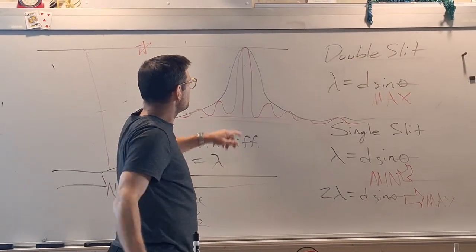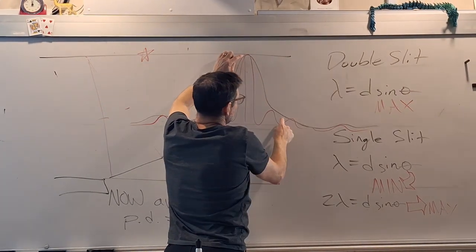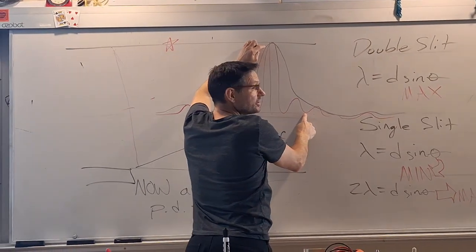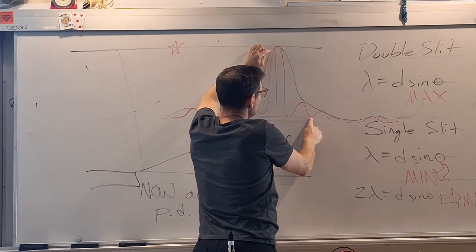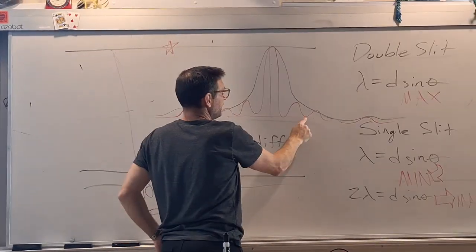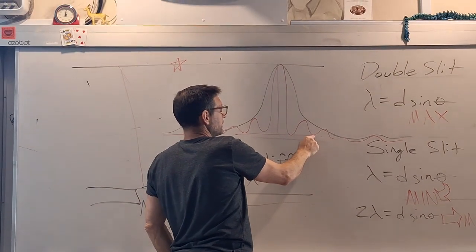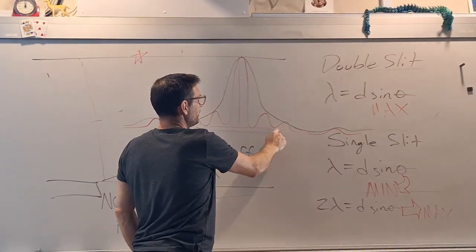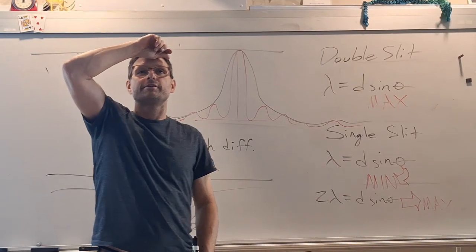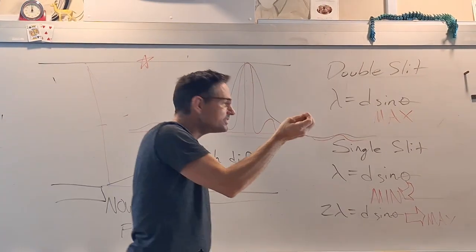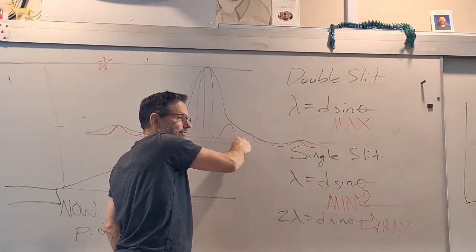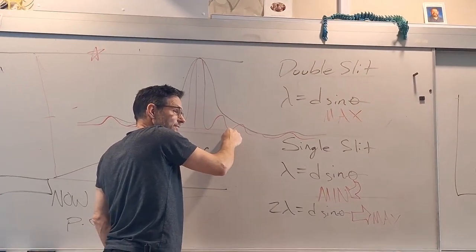So you're talking about the interaction between the single slit and the double slit? No, just the double slit by itself. Why is this black? Well, it's only going to be completely dark at that exact place.